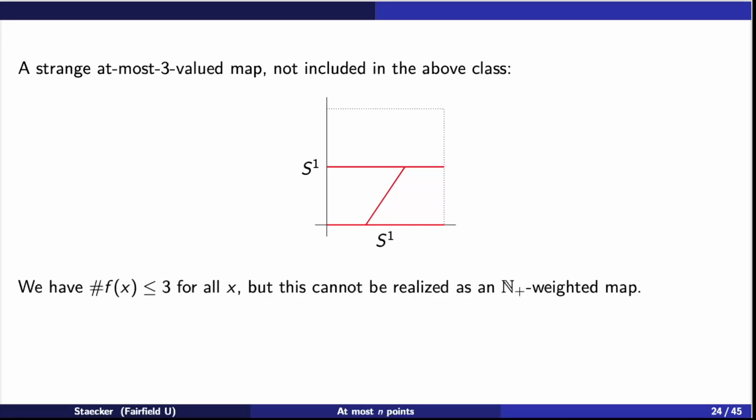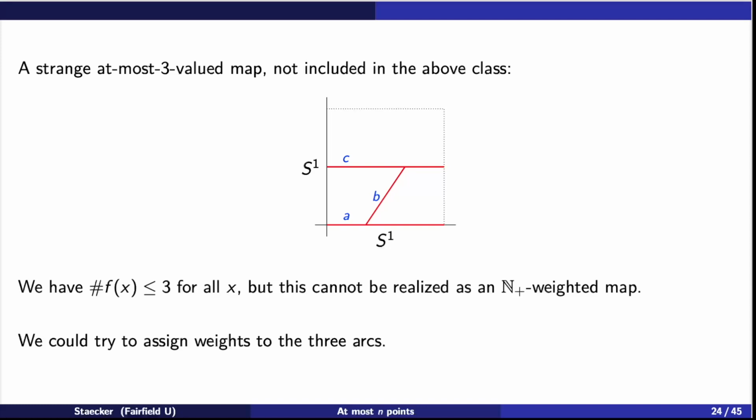This cannot be realized, I'll explain why. It can't be realized as a weighted map with positive integer weights. You could try to assign some weights. Because of the local properties of the weights, if I make one of these weights C, then this entire arc will have weight C because of that local summation property. And I'll just label these A and these B. I'm just trying to make up some weights.